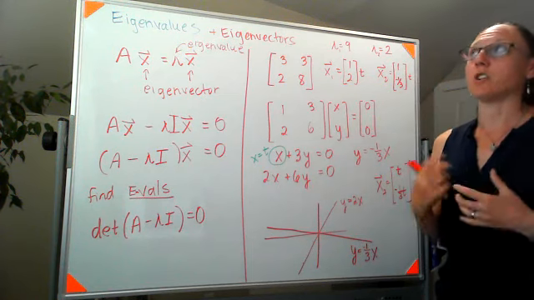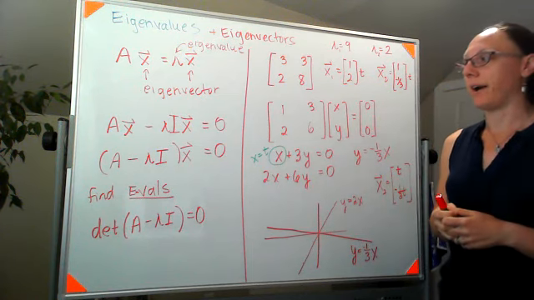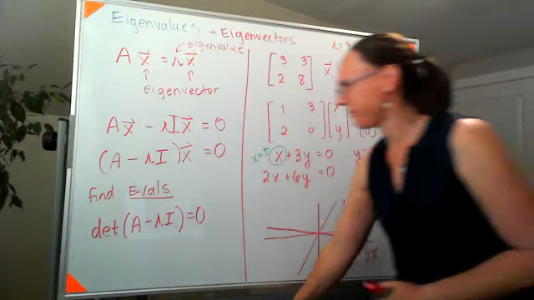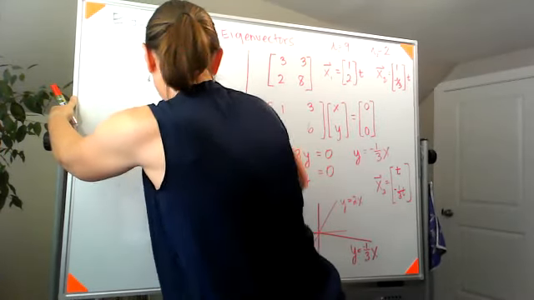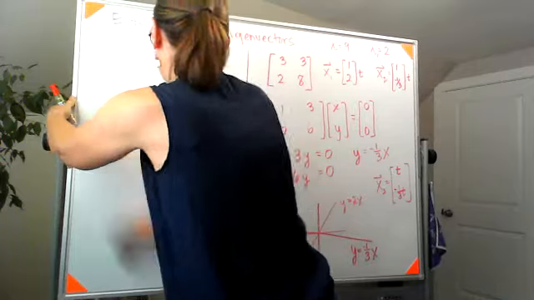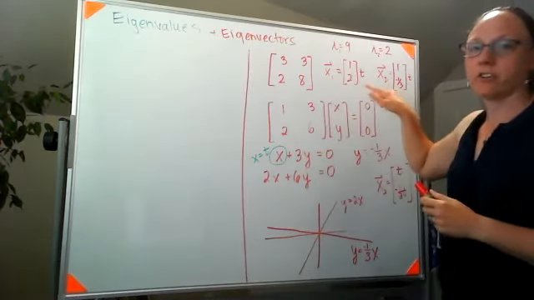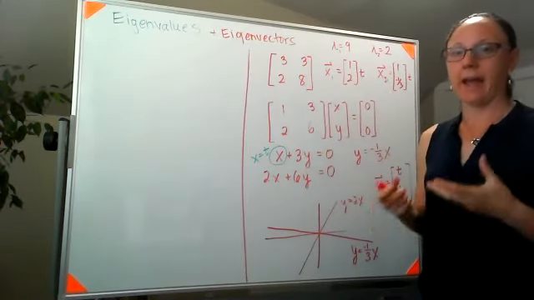When you are doing the problems where, I'm going to erase this for a second. So we want to be able to write those eigenvectors generically with the t in them.